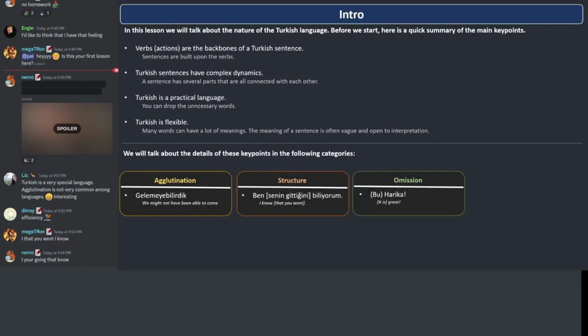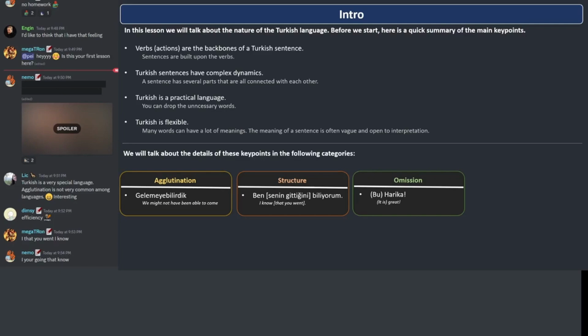Of course not. You would want to say one thing and get over it, and then move on to whatever you were doing. So Turkish is a very active language. We say one thing and it gives the meaning. We drop the other things. We get rid of the other extra things.